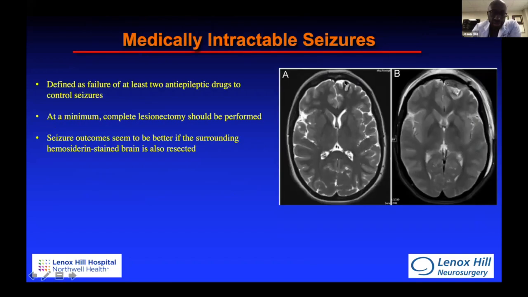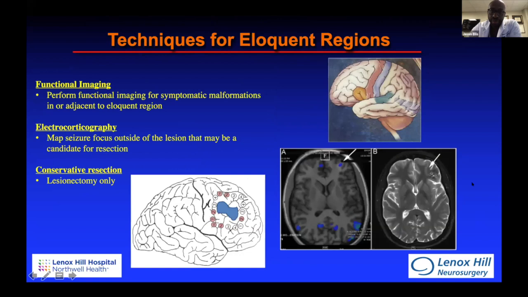In a real example here, you can see this cavernous malformation at the surface in the anterior left frontal lobe. It's causing intractable seizures. It was easily removed, and in fact, doing that cured the patient of their seizure disorder. So that's certainly one of the indications for that.